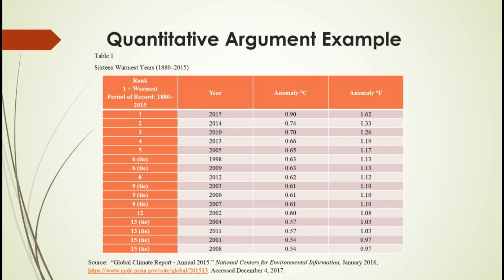Example of quantitative argument. This is a table from the National Centers of Environmental Information. This table shows data for the 16 warmest years from the year 1880 to 2015. Using this informative data, we can make a number of calculations.